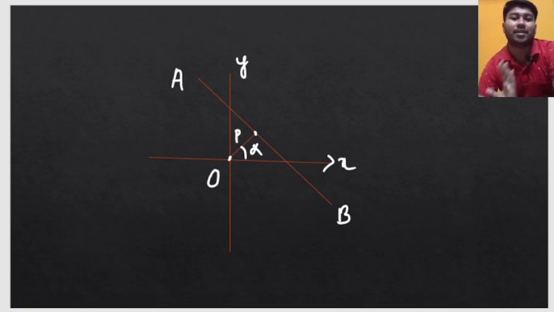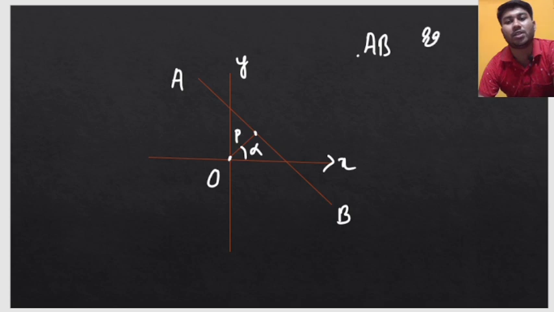If these two things are given, we can also write down the equation of AB, and in this case the equation is known as the normal form of the equation of a straight line.